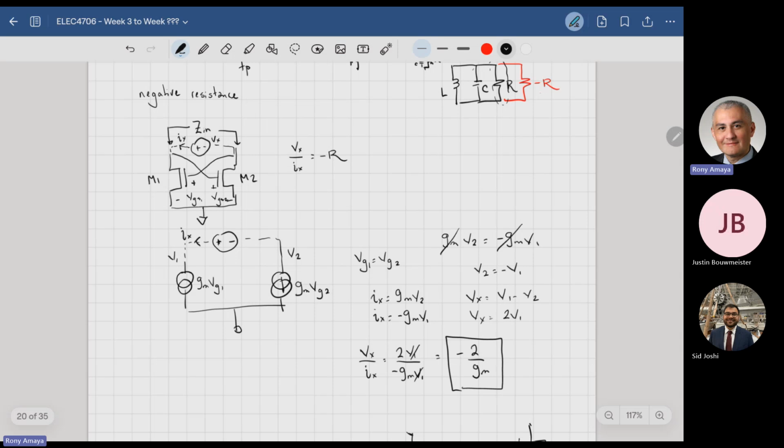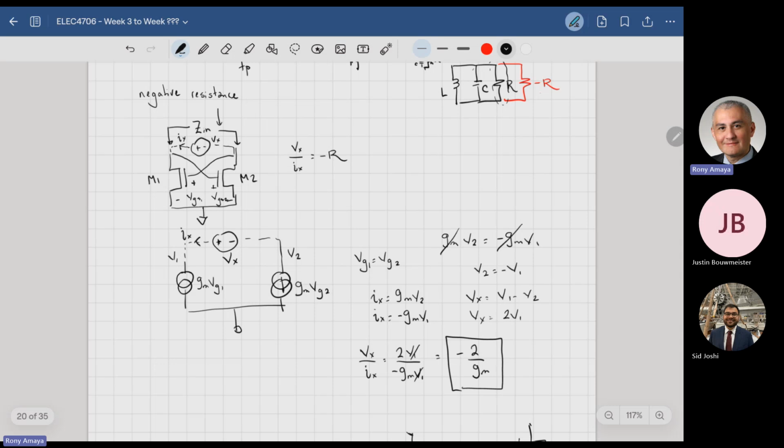So you can redraw these with a transconductor in which you have the current flowing through it as gm VG1 and the current flowing on the other side as gm VG2. And how do you find the input impedance, which is really what we're trying to look at, the impedance looking into these two nodes? So how do you find that? Well, you have a Vx and Ix, or Vtest and Itest.